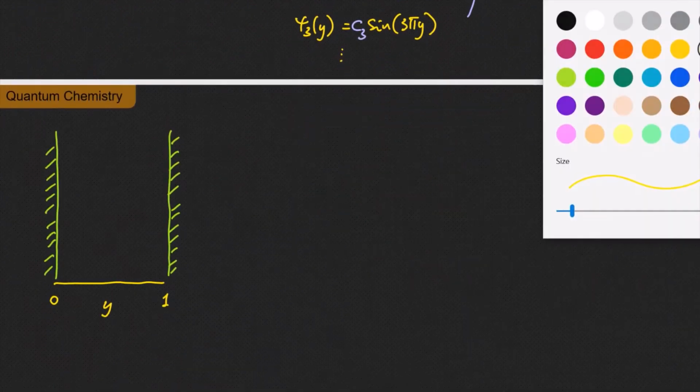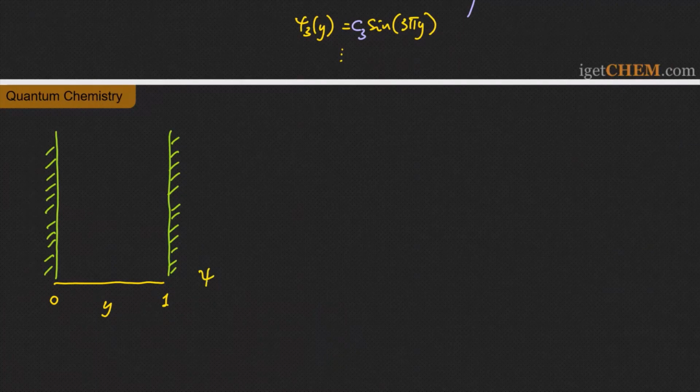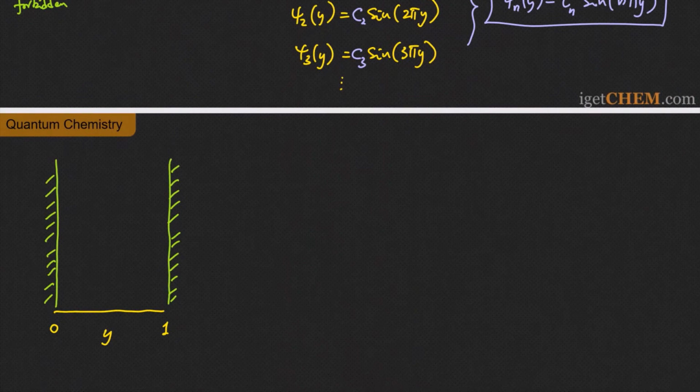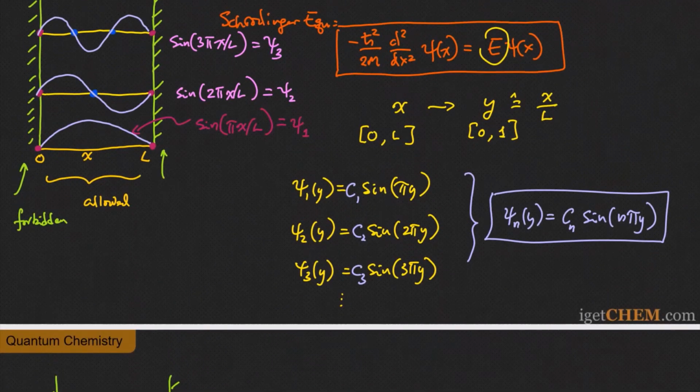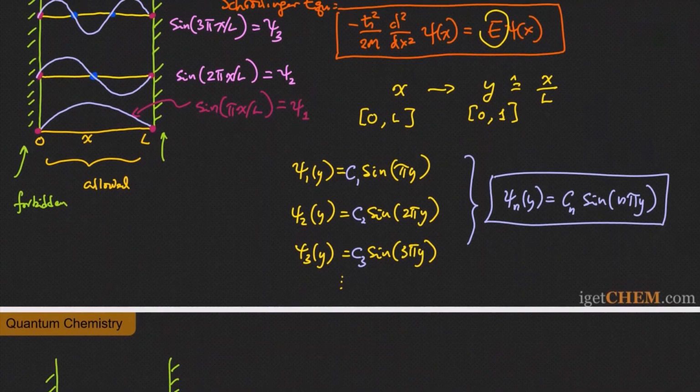So I am going to take a look at this wave function psi 1 of y. You remember psi 1 of y is basically just half of a cosine function. But what I'm going to do is I want to plot the square of that because it is the square of the wave function that represents the probability of finding the particle. And this is what this question is concerned with anyway.